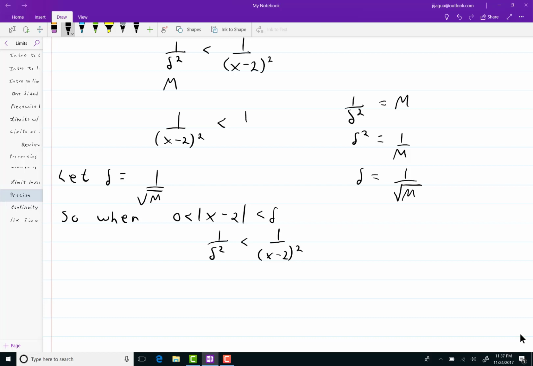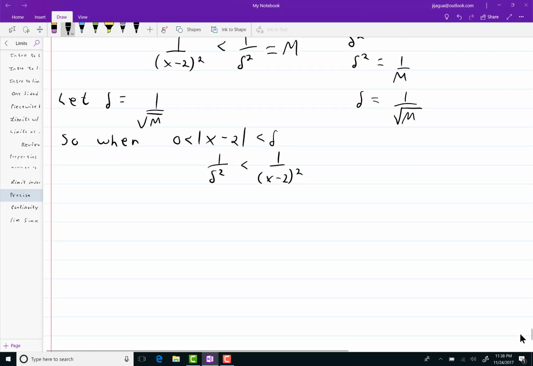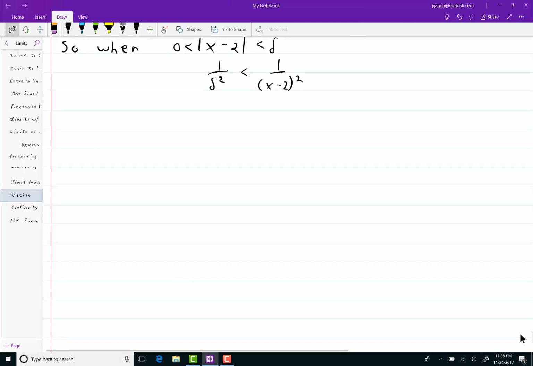So this will be 1 over delta squared, which equals M. So there we go. That goes to infinity. And in fact, you should make a little note here: the line x equals 2 is a vertical asymptote.